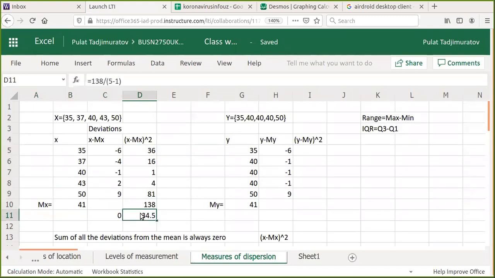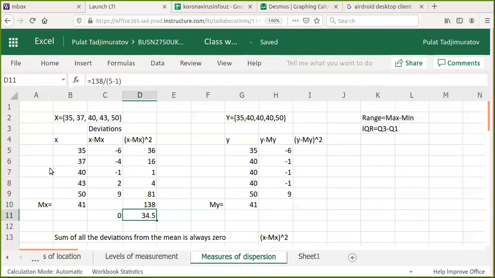So this thing we got in some way shows us how far our numbers are spread from the mean value. However, there is still an issue.